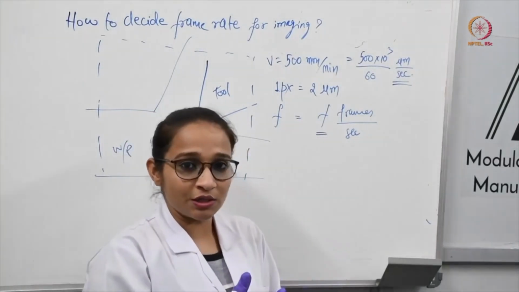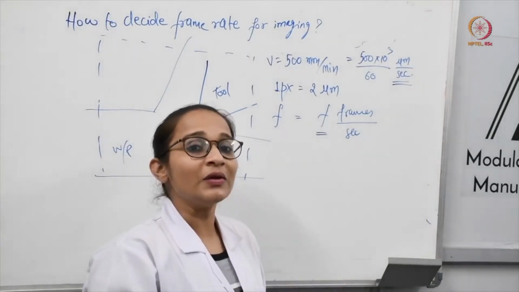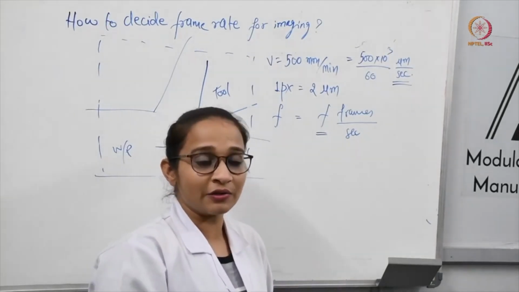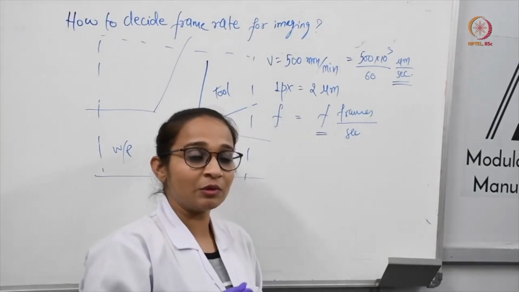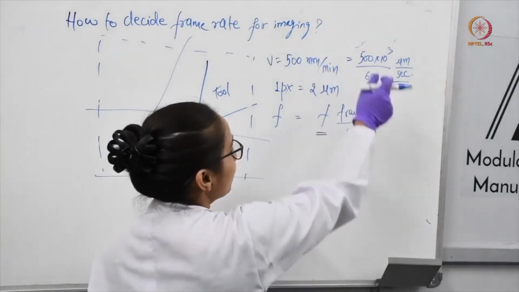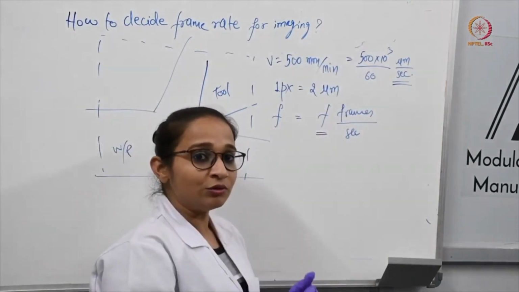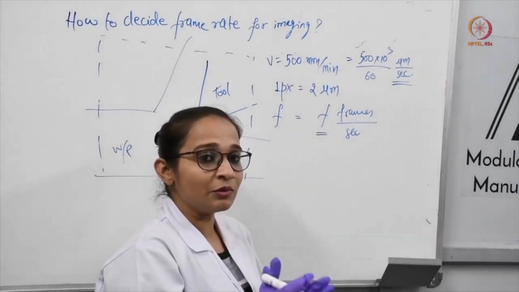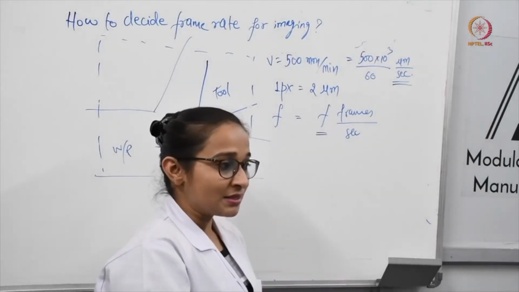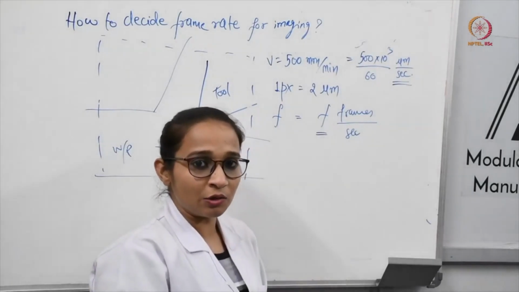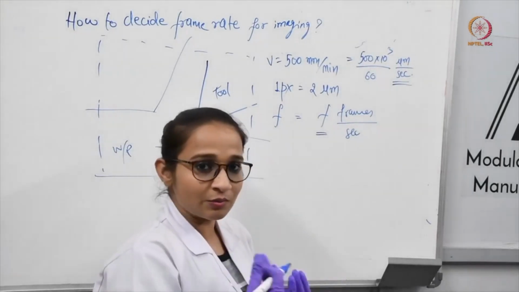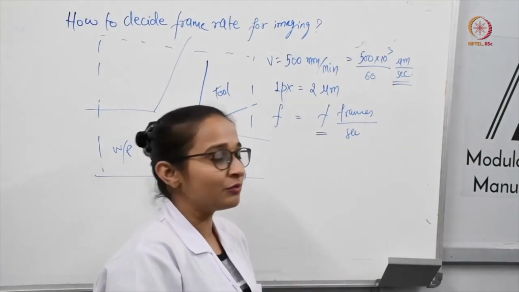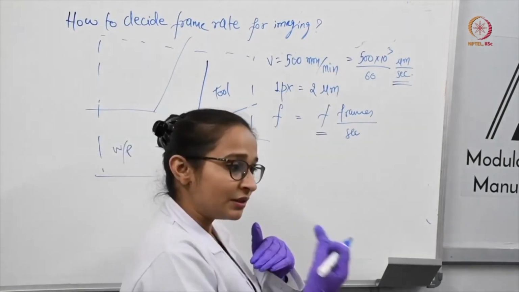But from the correlation analysis, what we get is a pixels per frame quantity, that is a displacement in between two frames. So as a combination of this, we have to determine the displacement in between two frames. Based on how good our algorithm is and what displacement we require in between two frames, we can set a limit of this displacement.